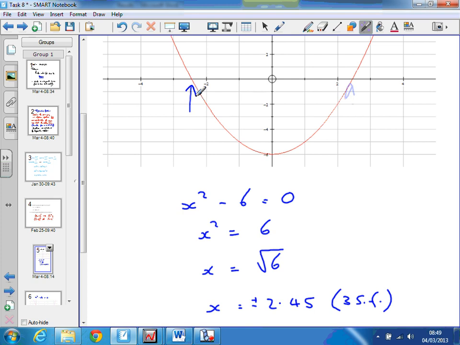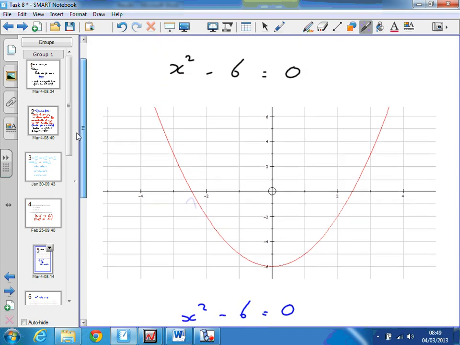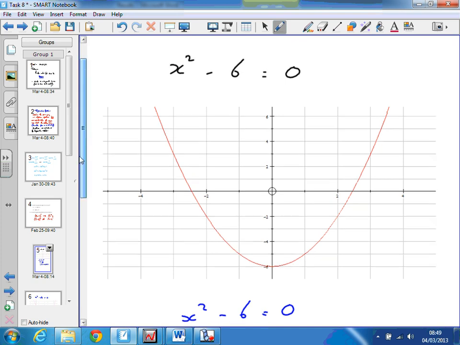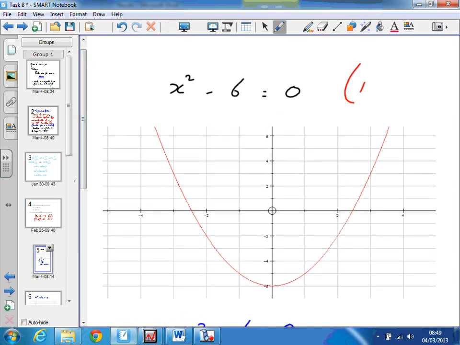Note that in this particular quadratic equation, which is very easy to solve, x squared minus 6 equals 0, it's symmetrical about the y-axis. So whenever I get a quadratic equation like this to solve, where there's no x term in it, then it's always symmetrical about the y-axis.